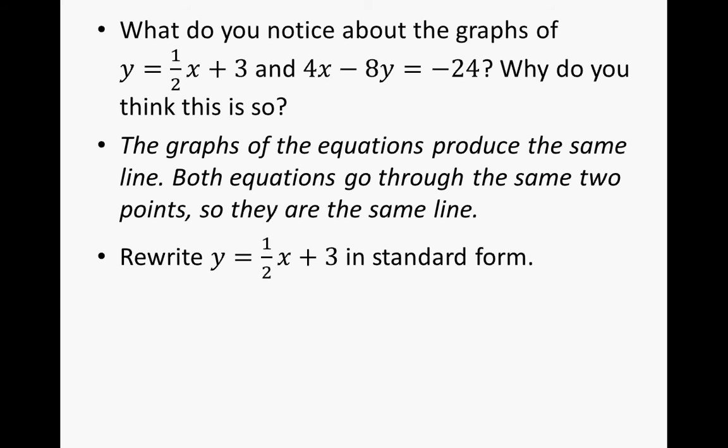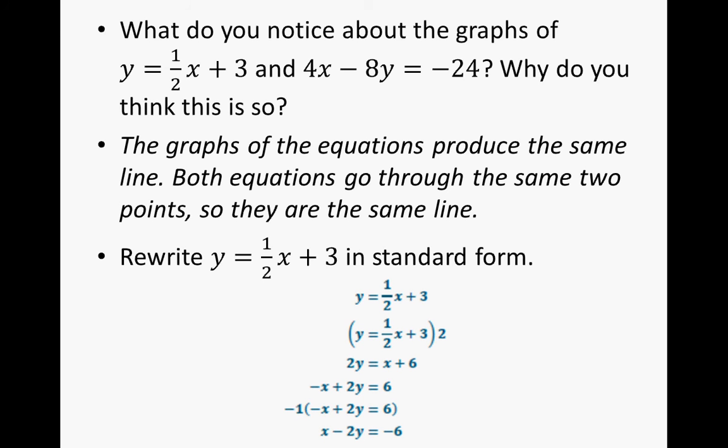So rewrite y equals 1/2 x plus 3 in standard form. Well, we can effectively get rid of the fraction by multiplying the whole equation by 2. That would mean 2y equals x plus 6.